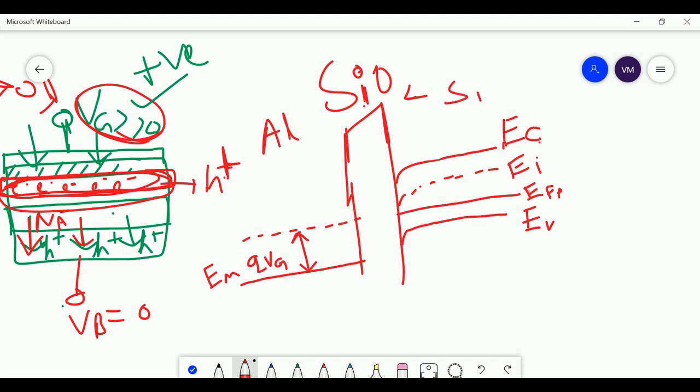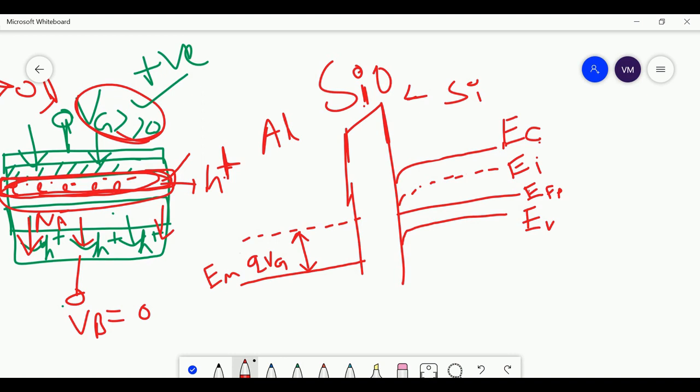Now what will happen to the silicon? Let us focus on silicon. In the silicon, we have applied a high positive voltage. So what will happen? The electrons come towards the surface. I have explained it with two different theories. One theory is that all the holes, the majority charge carriers, are repelled, and the depletion layer also moves downwards.